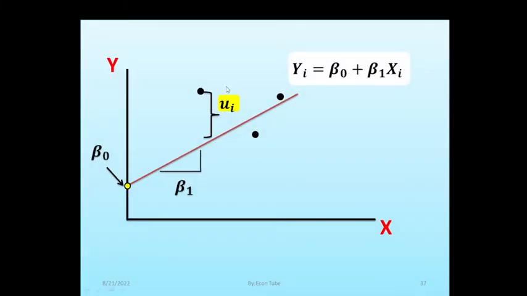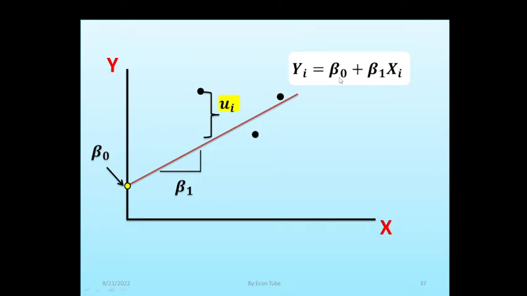Now about u, or the error term: it is the difference between our observations and the fitted line. If this is the line and the y value is here, the difference from this observation to the fitted line is the error. Beta naught means intercept.